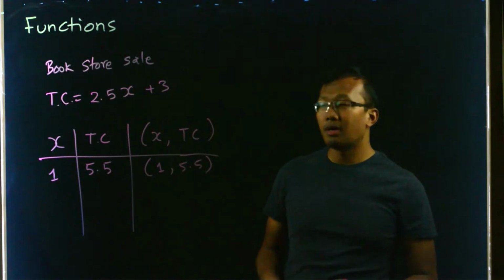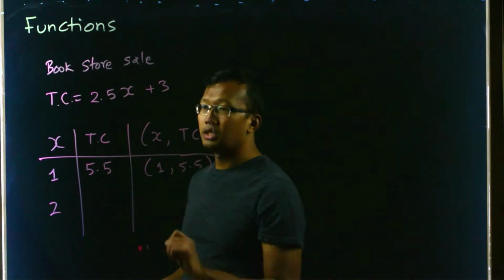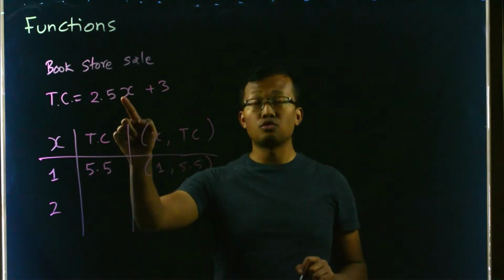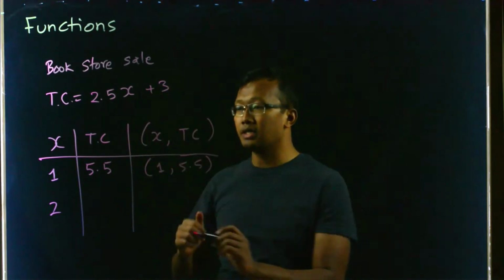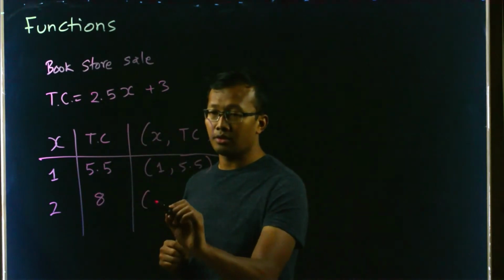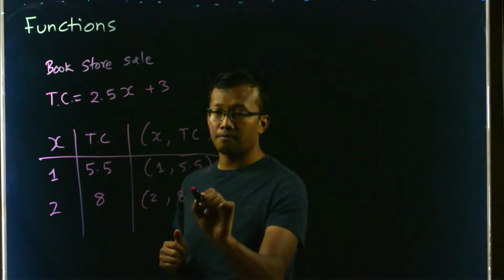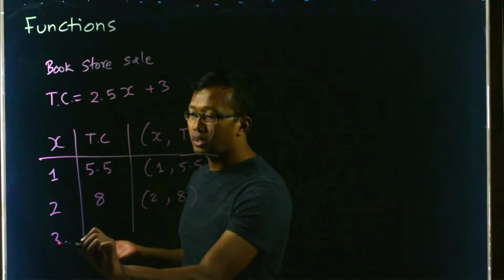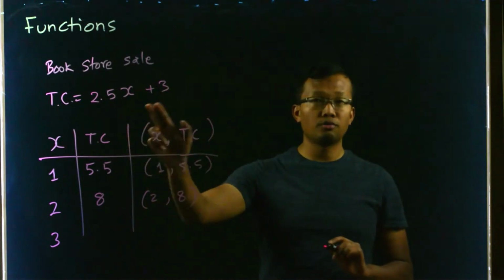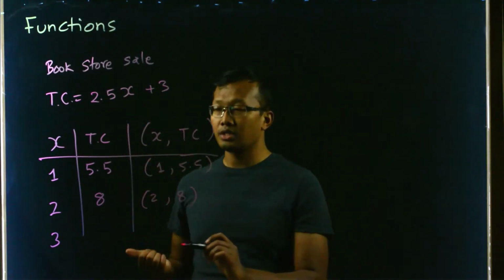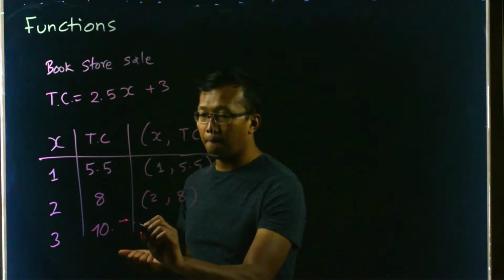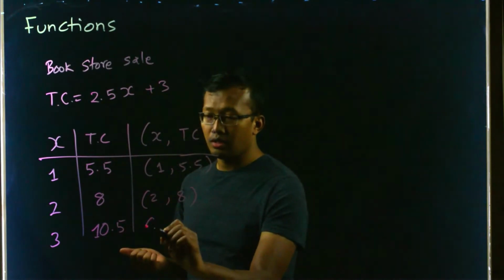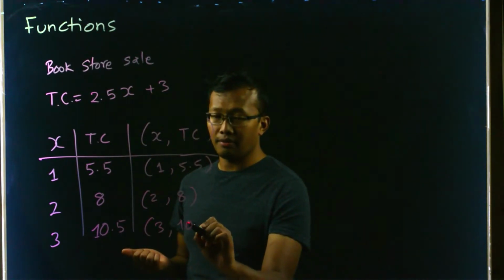If someone wants to buy 2 books, then this would be 2 times 2.5 is 5 plus 3 is $8 for that person. Similarly, if another person wants to buy 3 books, then this would be 3 times 2.5 is 7.5 plus 3 is 10.5. So that's 3 comma 10.5.